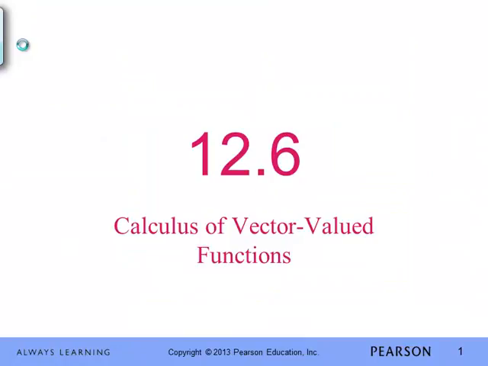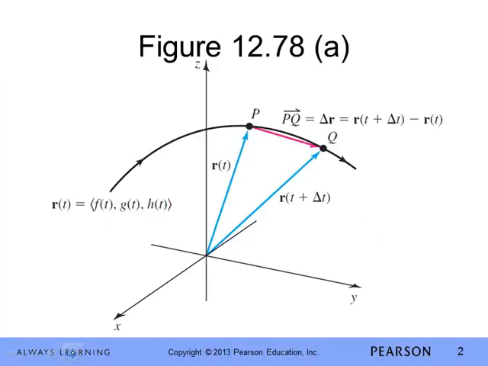Okay, so now that we know from section 12.5 what vector valued functions are, they're perfectly good functions everywhere. We can do interesting things like calculate derivatives and integrals. So geometrically, we can think about derivatives like this.